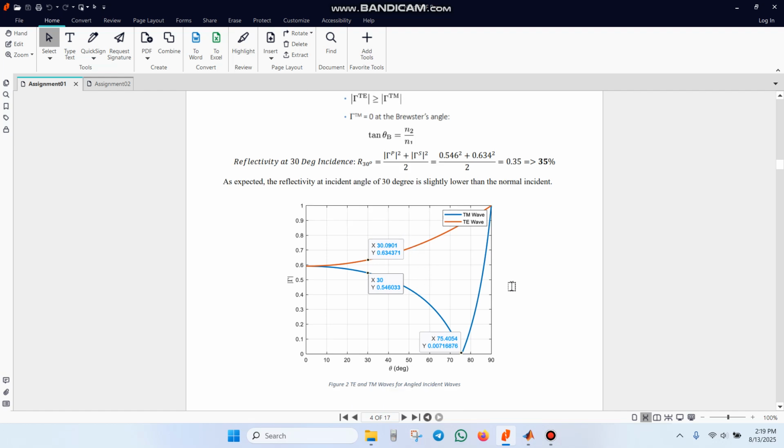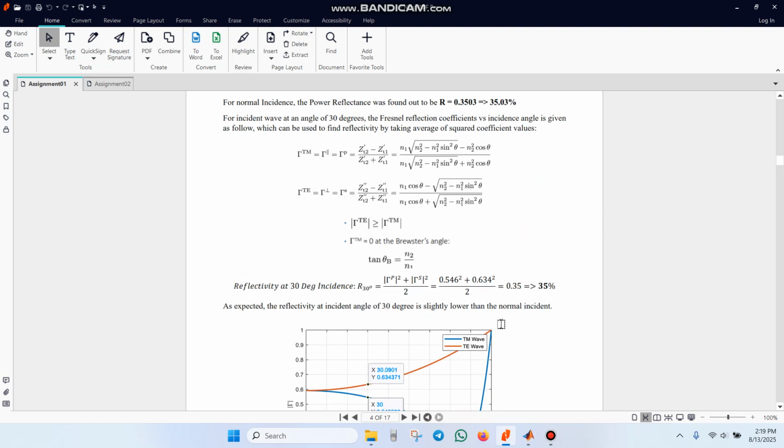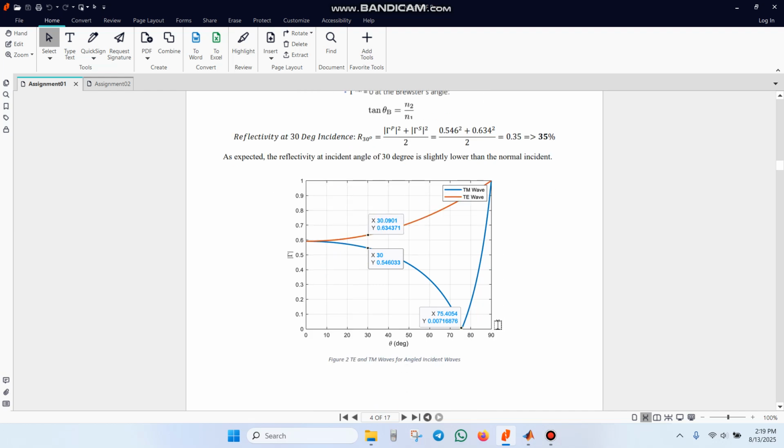At around the critical angle of about 75 degrees, the TM reflectivity goes to 0, meaning the P wave becomes 0. As we increase the angle of incidence, the reflectivity tends to increase until it becomes 100% for the completely grazing incidence of 90 degrees.